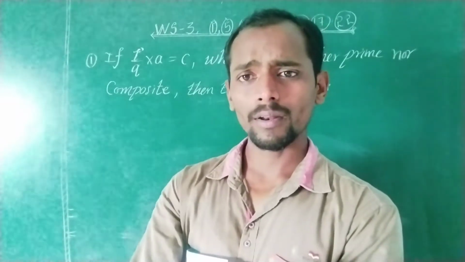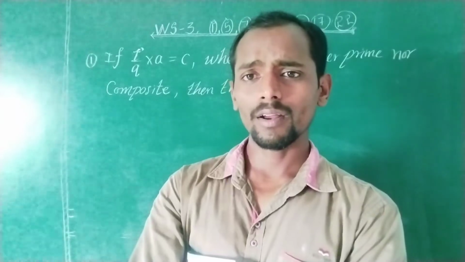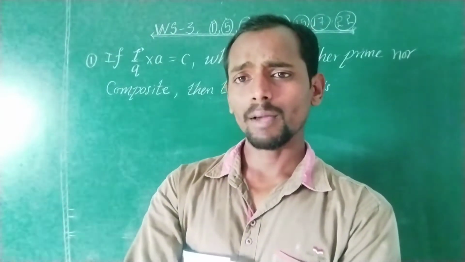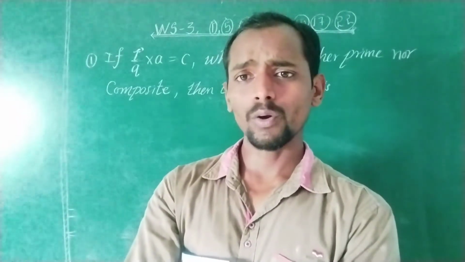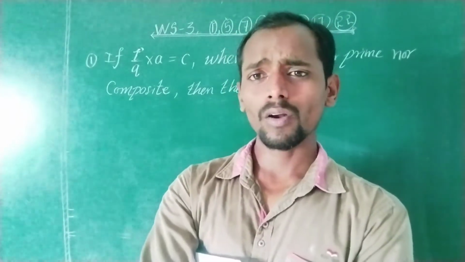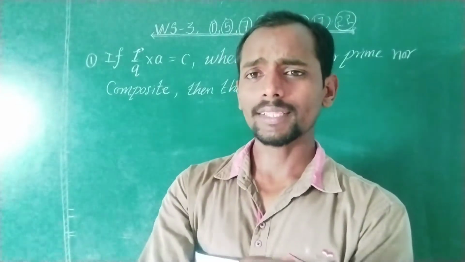What is a prime number? If the factors of a number are only 1 and itself, the number is called prime. Composite numbers have more than 2 different factors. One is neither prime nor composite. Why? Because its only factor is 1 itself.